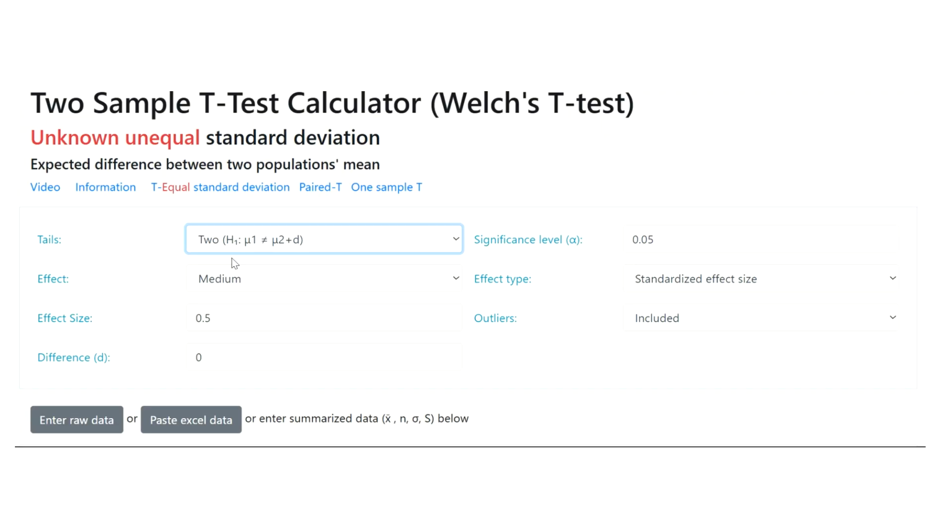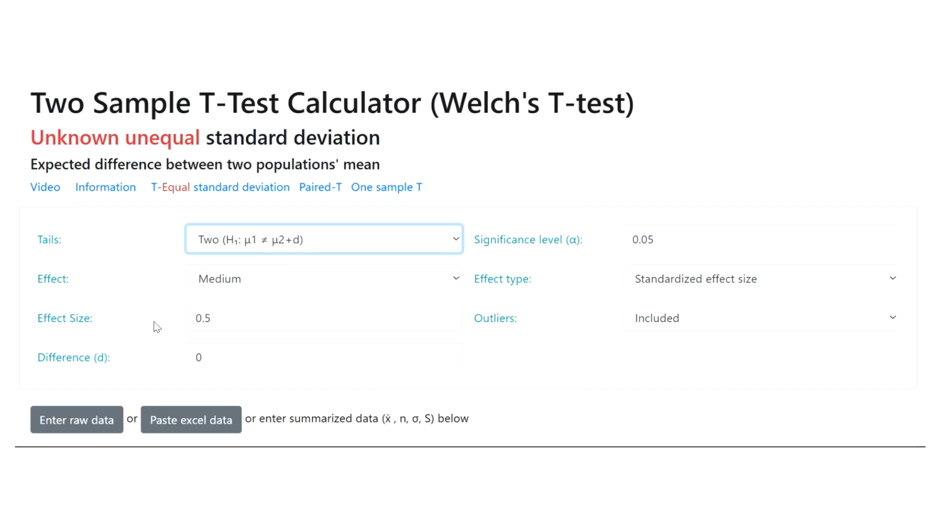It is stated that our alternative hypothesis is that the mean of the first group is significantly different from the mean of the second group plus some d, which is the difference.